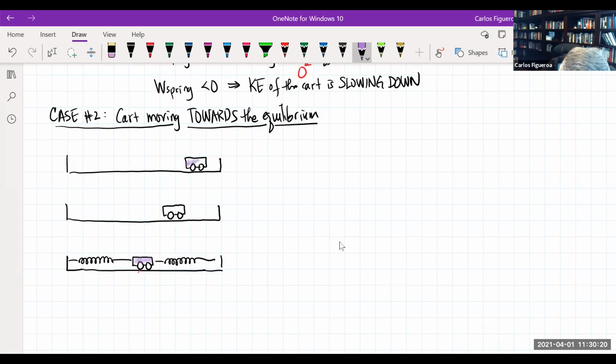So as I look at this, I have my springs. My spring has max stretch right here, and then this one is not stretched out as much. When we look at this, again I have my equilibrium point, and here's my equilibrium point.